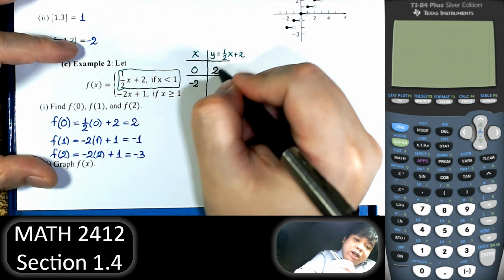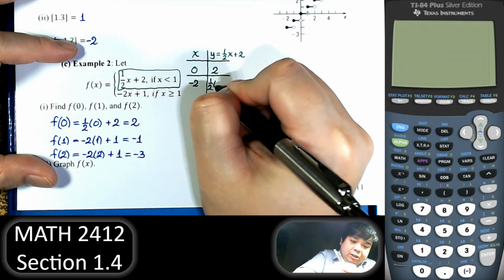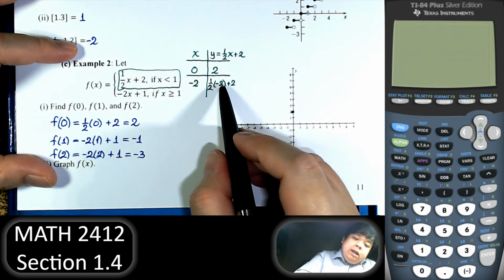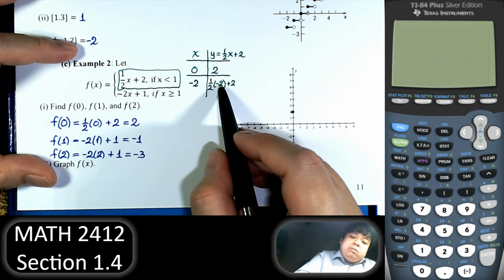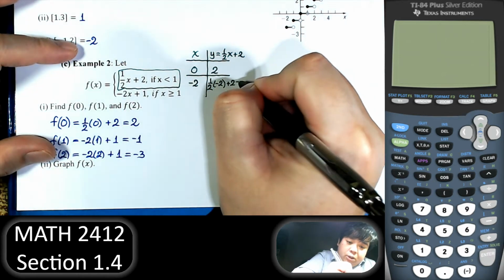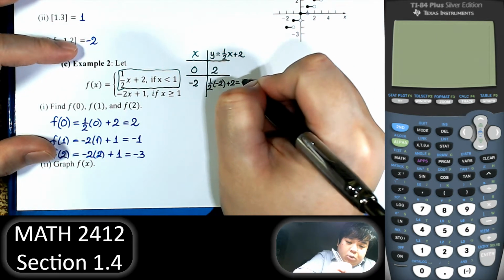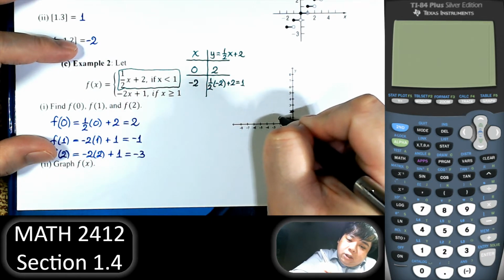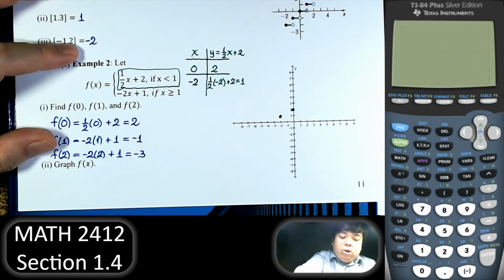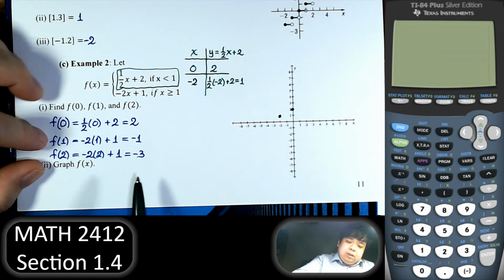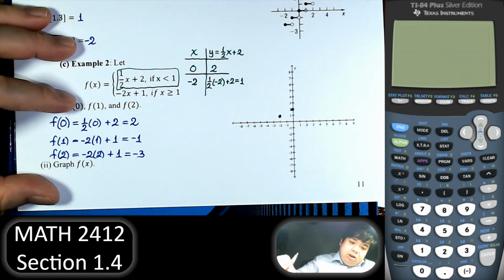If you put negative 2 in here, 2 times negative 2 is negative 4, hmm, the coefficient gives negative 1 and negative 1 plus 2 is 1. So there's another point, negative 2 and 1. And then we graph the other function.